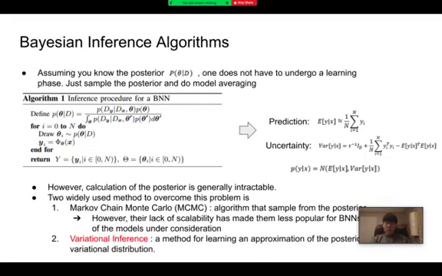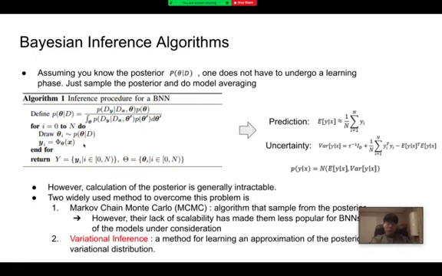So the typical Bayesian inference algorithm is the following. You first define a prior p(theta), usually a standard normal Gaussian, and given some training data, you will get the posterior of the weights, p(theta given T). And n number of times, you draw from this posterior and you run through the neural network with a specific input.